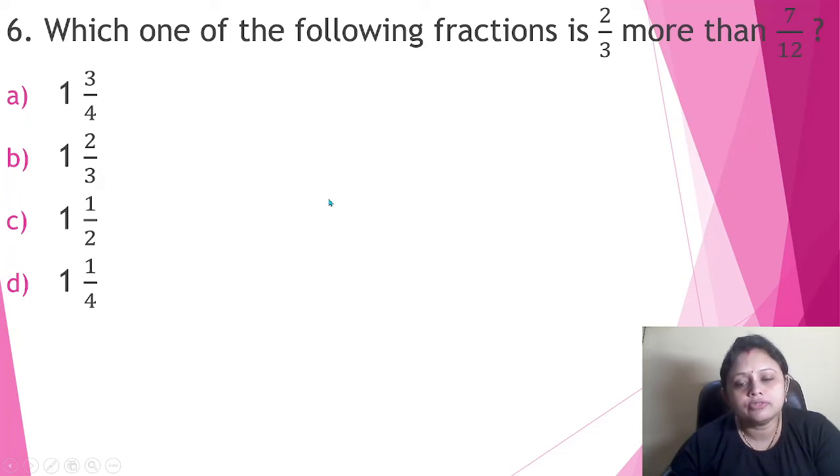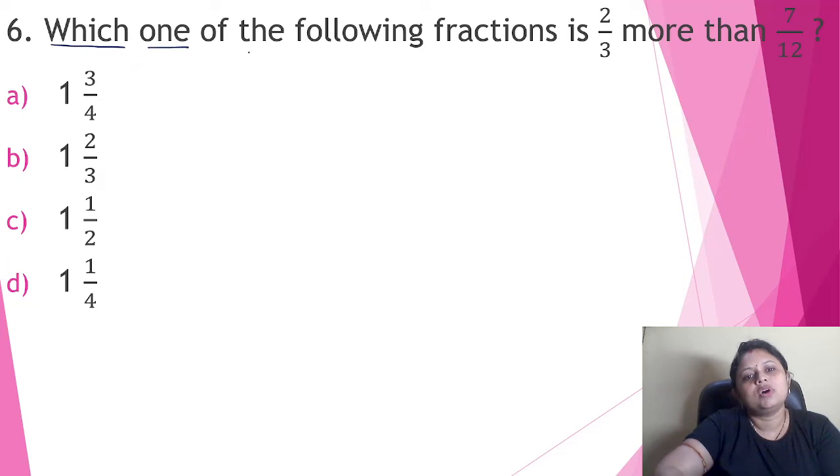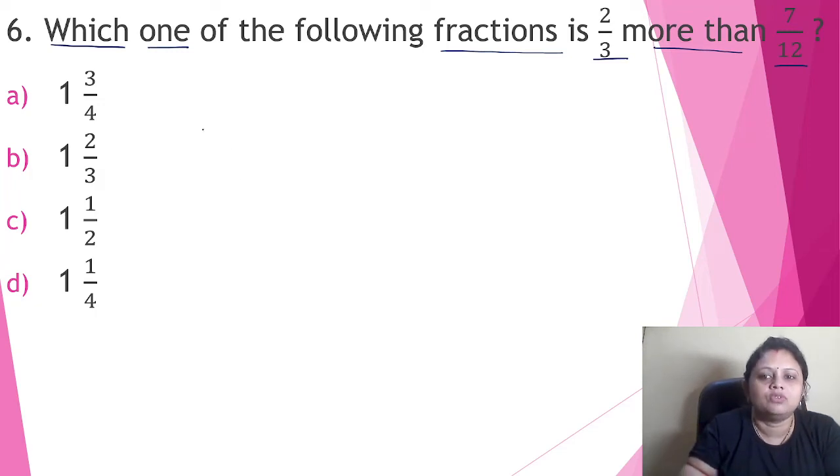Which one of the following fractions is 2 by 3 more than 7 by 12? Option A 1 whole 3 by 4, B 1 whole 2 by 3, C 1 whole 1 by 2, D 1 whole 1 by 4. So how to find the value? It is 2 by 3 plus 7 by 12.